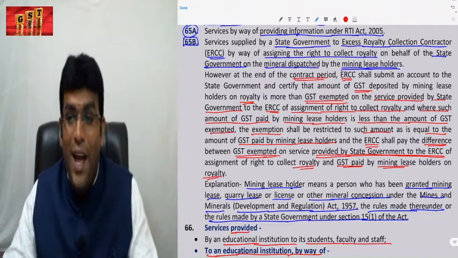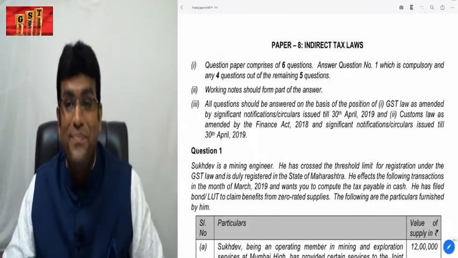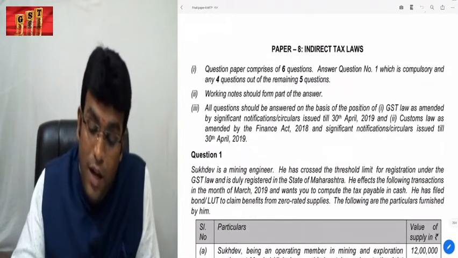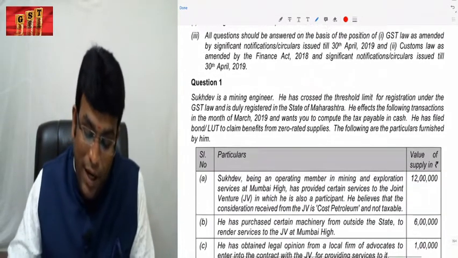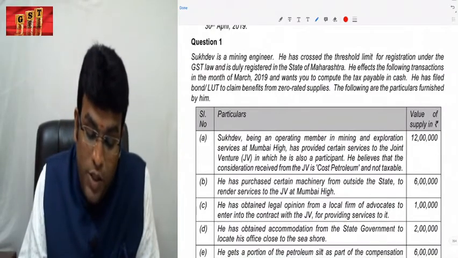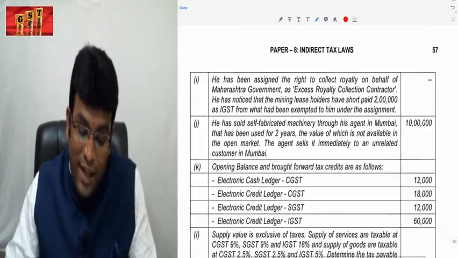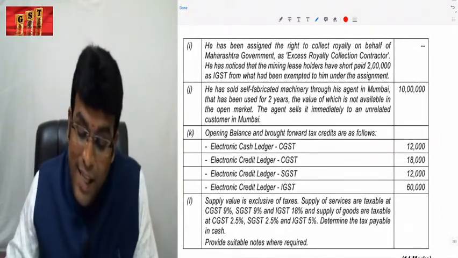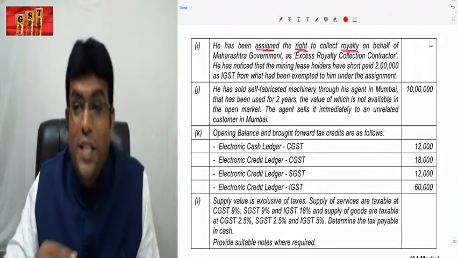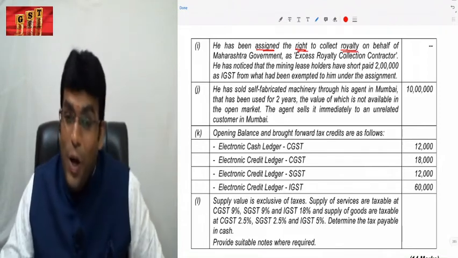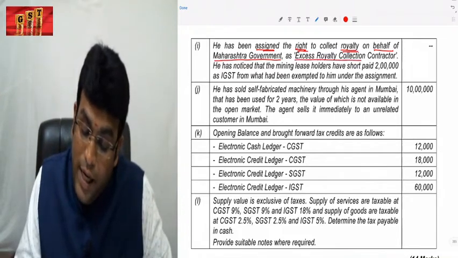So this particular point I'll explain by way of an example which came in the exam. Sir, this is the paper of November 2019. In the first question, they said Sukhdev is a mining engineer. He has been assigned the right to collect royalty on behalf of the Maharashtra government as excess royalty collection contractor.